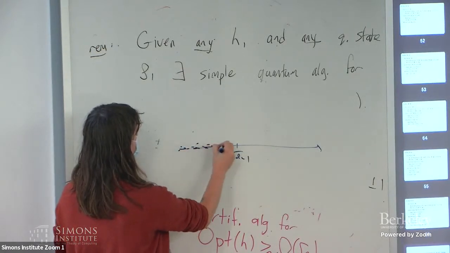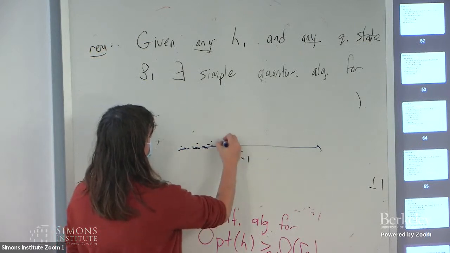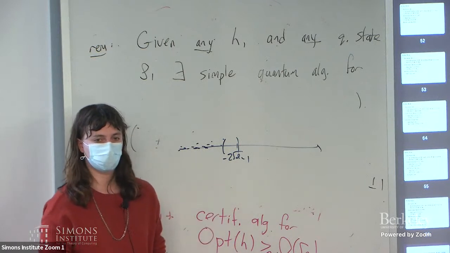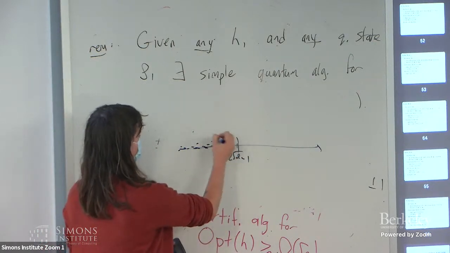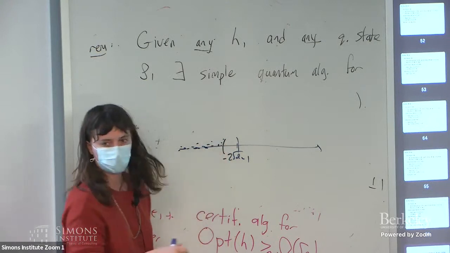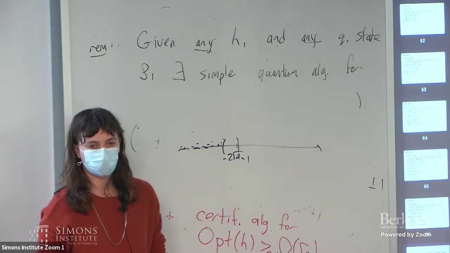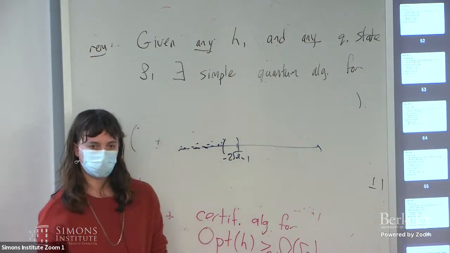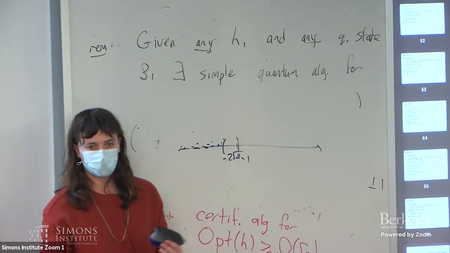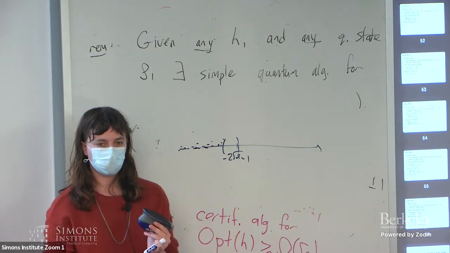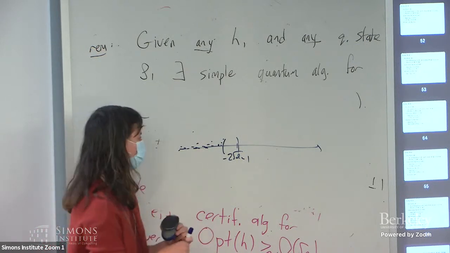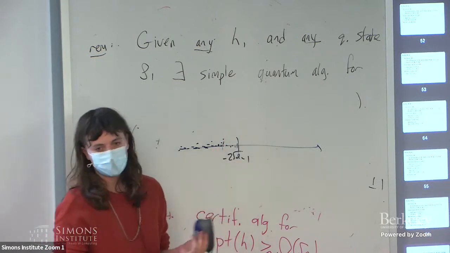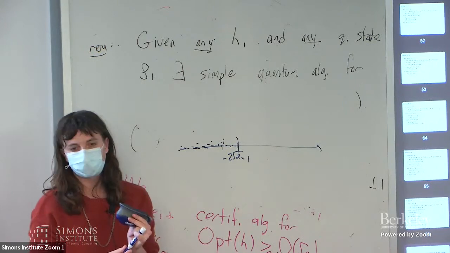Here's -2 root d-1. So there'll be a bunch down here. If there's some separation between this and -2 root d-1, and you actually prove a lower bound on how far to the right these lambda mins go, then that gives you a refutation algorithm. And you just check whether your graph has an eigenvalue smaller than that. So it's not a crazy notion that this could actually be true. I mean, there's lots of weird potential cases where there's no Ramanujan graph, but there are ones arbitrarily close. I don't know. Yeah. Seems complicated.